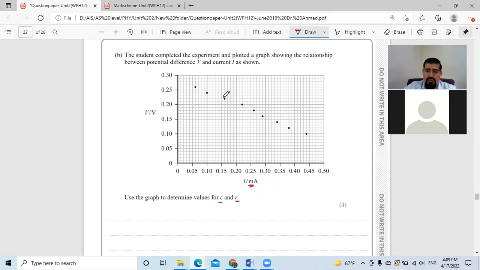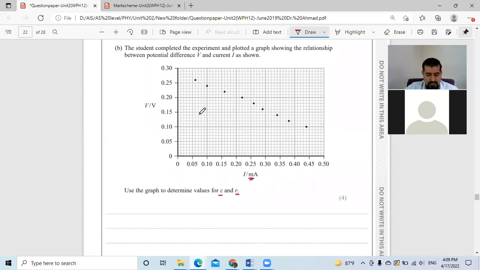We know that we have to draw a straight line, the best fit line, and the y-intercept is exactly the EMF. Thank you, Hamza. And the negative gradient is the internal resistance. So if we draw the best fit line, it will be somewhere like this.